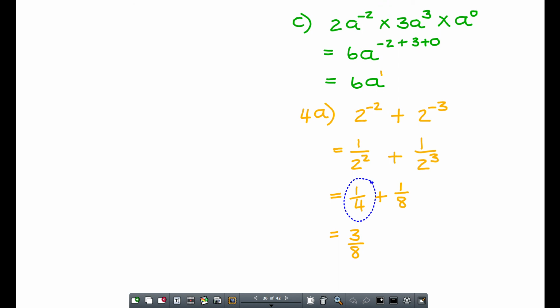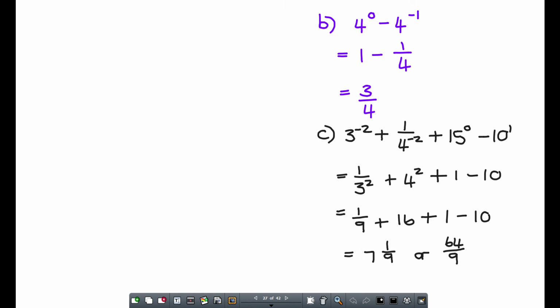So 1 over 4 is the same as 2 over 8, if I multiply with 2 at the top and the bottom. So 2 over 8. Now 2 over 8 plus 1 over 8 will give me 3 over 8. Remember, it's normal addition, eh? Right, can I skip?